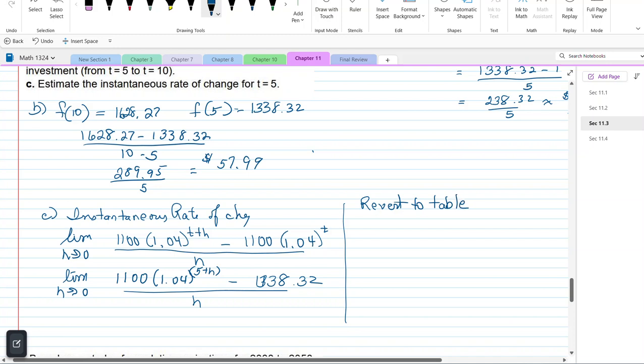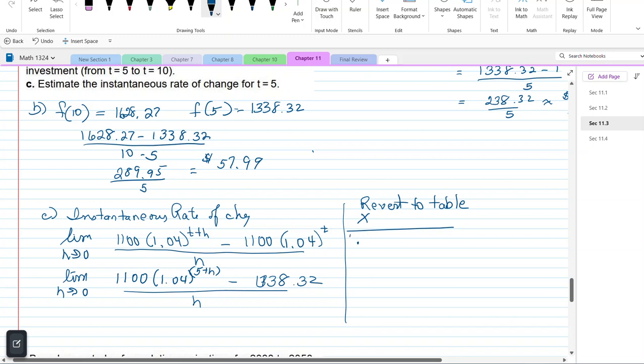All right, so as we approach what we want, which is 5, the instantaneous rate at 5, before and after, we make small increments. So on our table for x, we want decimals, getting closer and closer.